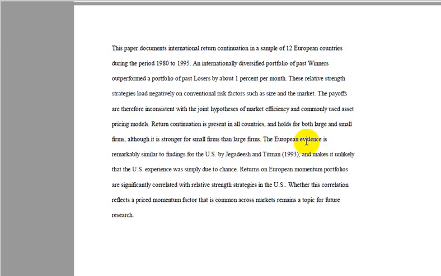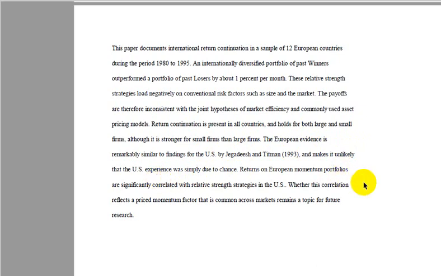And even more remarkable, this study was almost identical to Jegadeesh and Titman's study in 1993, which was exclusively over the U.S. market. So we find that maybe the U.S. market momentum strategies are not just a fluke, and that this momentum strategy works across all markets.